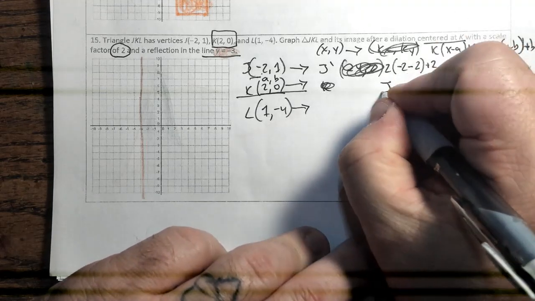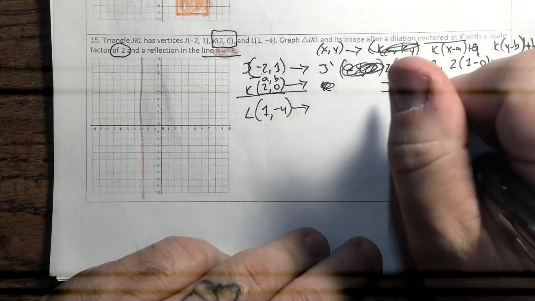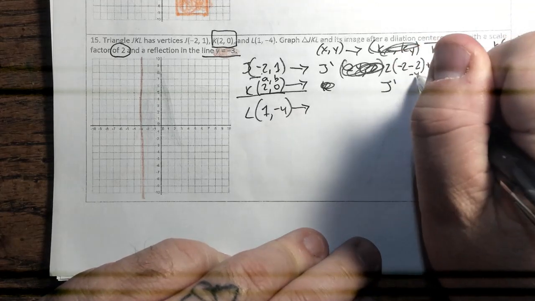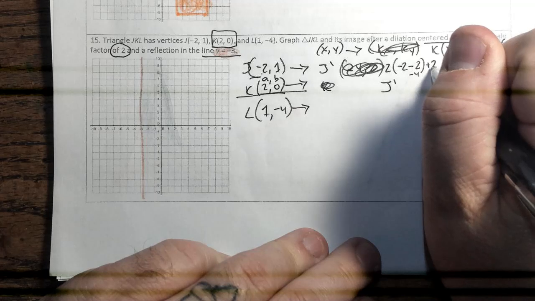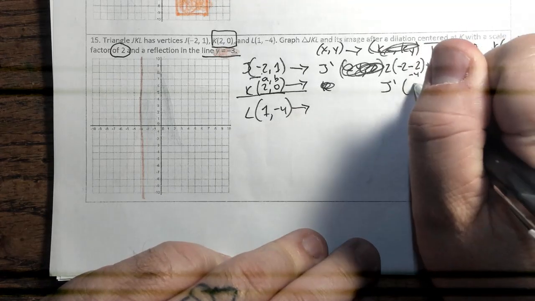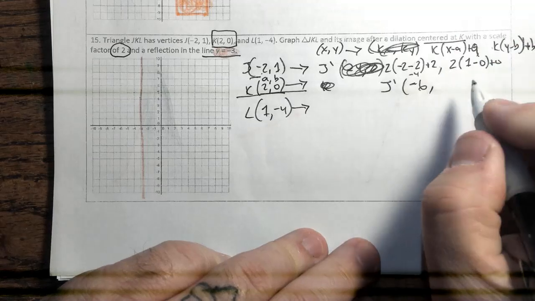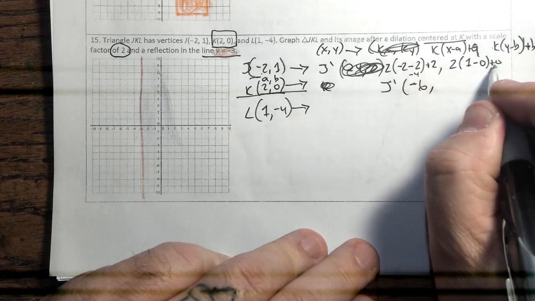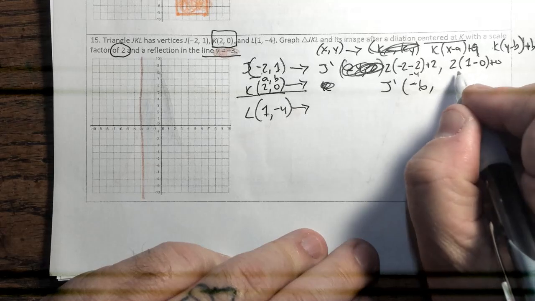So J prime, luckily that helps us. So negative 2 and negative 2 make negative 4. 2 times negative 4 is negative 8. Negative 8 plus 2 is negative 6. 1 minus 0 is 1, plus 0 still 1. Times 2 is 2.